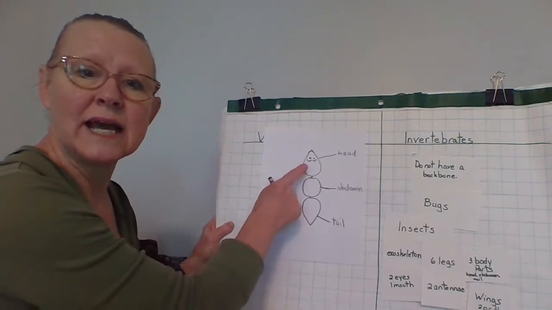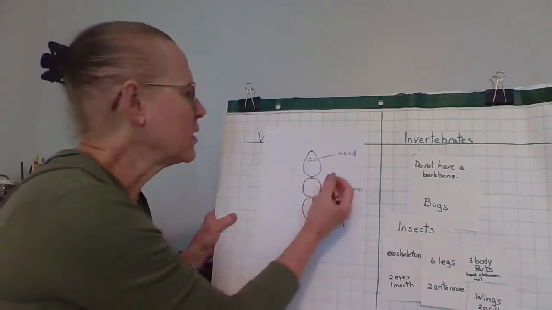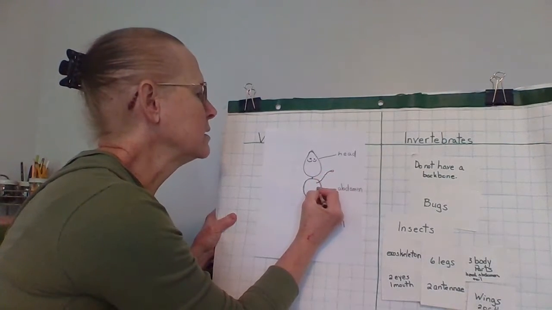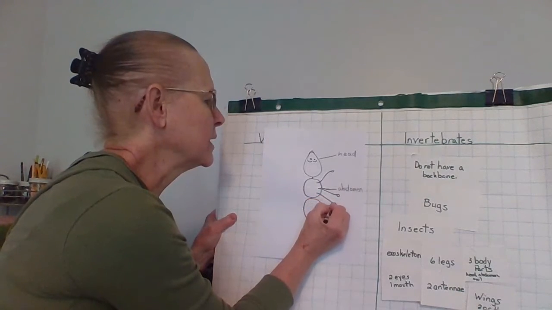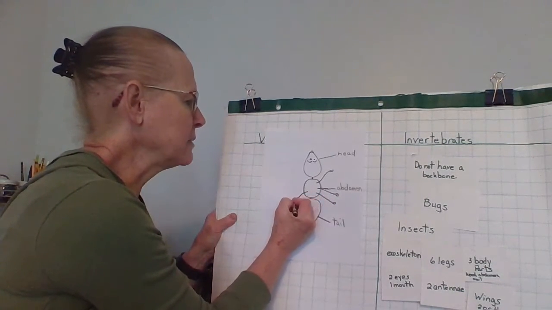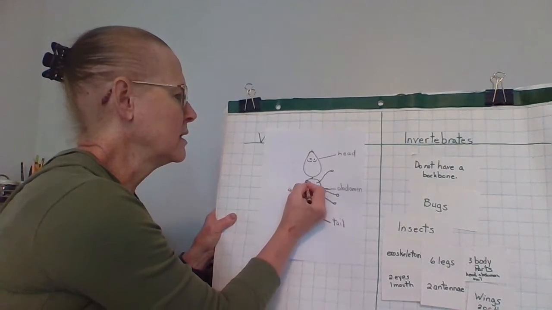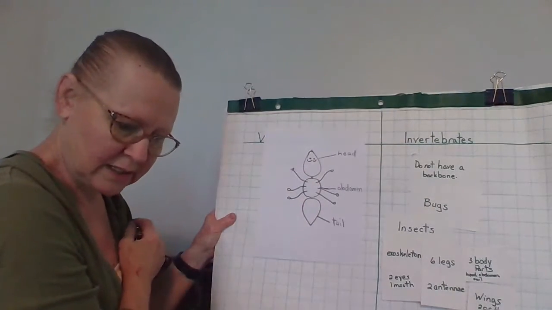Now the legs come off of the abdomen on insects. So we're going to draw 1 leg, put a little round foot, 2, 3, and then on the same side, coming off from the same place, on the other side. All right, so he has this.